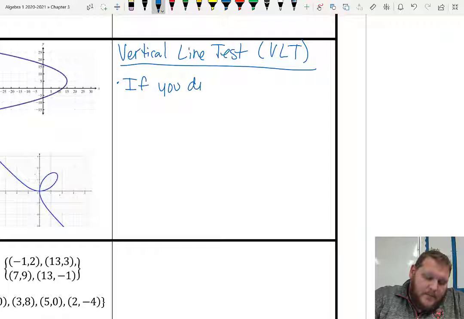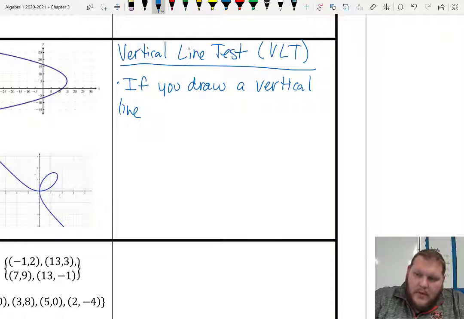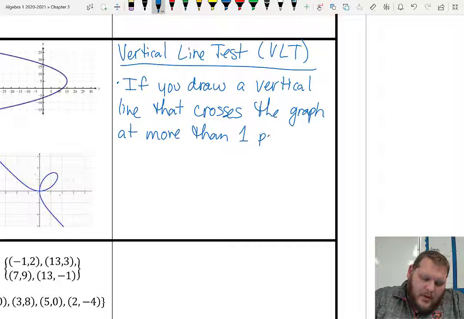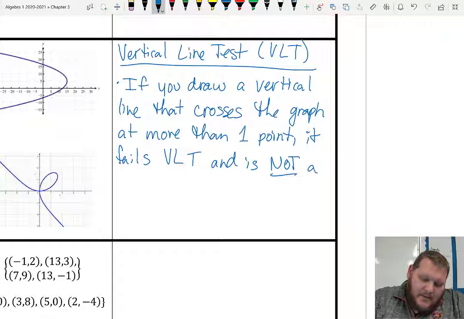so here, if you draw a vertical line that crosses the graph at more than 1 point, it fails the vertical line test and is not a function.